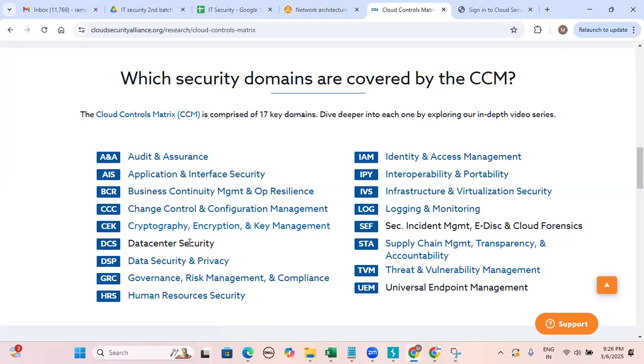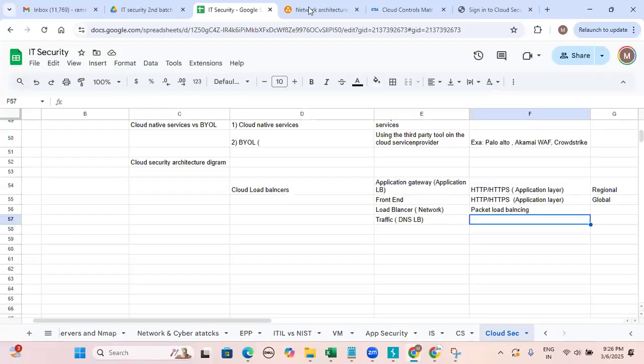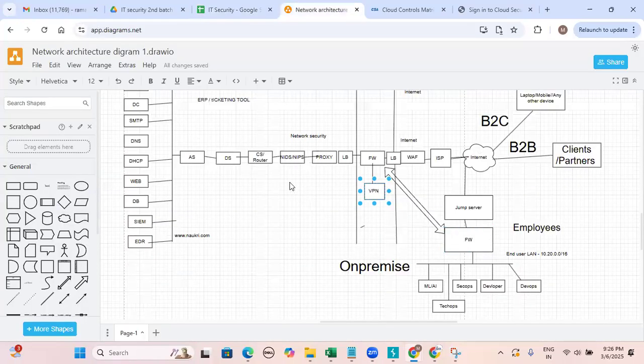Data center security. Maybe you can ask now, sir, we are discussing cloud security. Why will data center come into the picture? What is the reason behind this? Why will data center come under the cloud security matrix or cloud security assessment side? Because whenever you are migrating the application from on-premise to cloud, here a data center is available. From this data center, maybe you are migrating backups to the cloud environment.